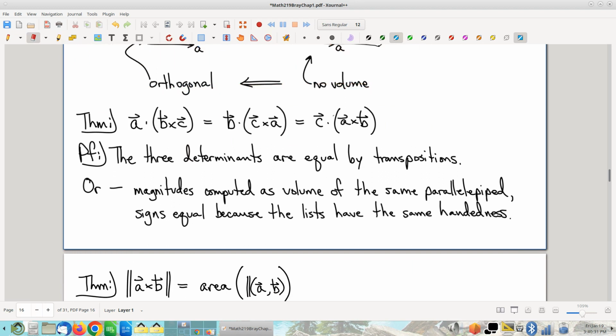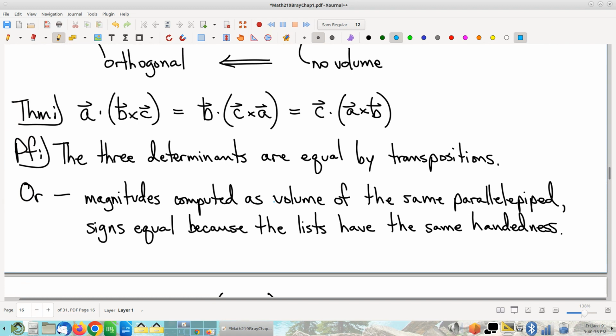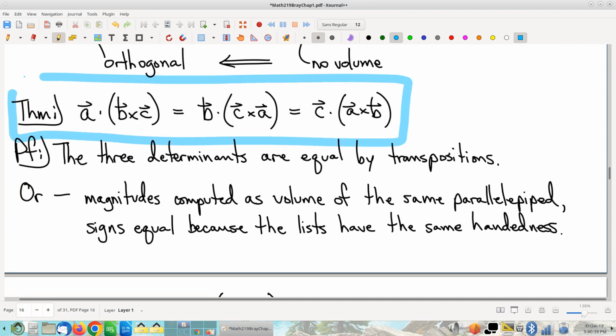Okay. All right. Here's another fact. Neat fact. There we go. This right here. Now, at a quick glance, this might look like some sort of version of associativity. You remember the associative property of multiplication, right, where you can move parentheses around and it doesn't really matter. Then at a closer glance, you realize that is absolutely not what this is. There's two different operations here, dots and cross.